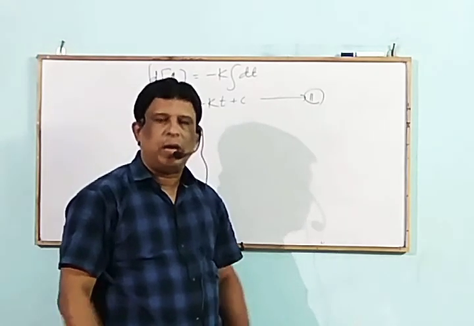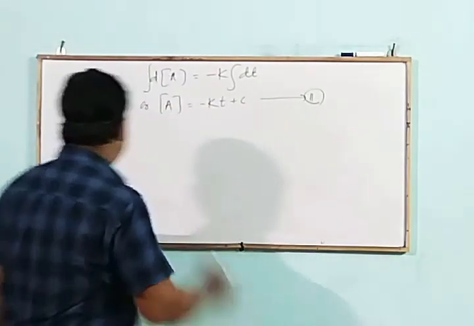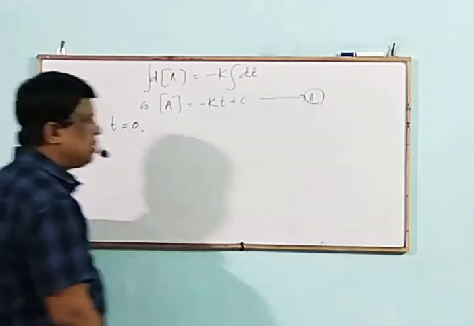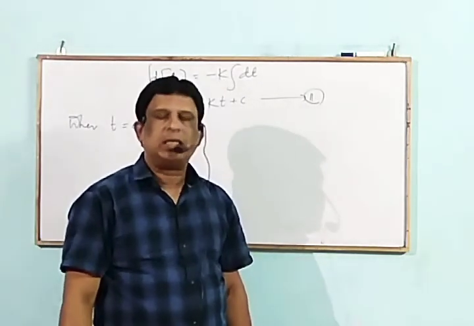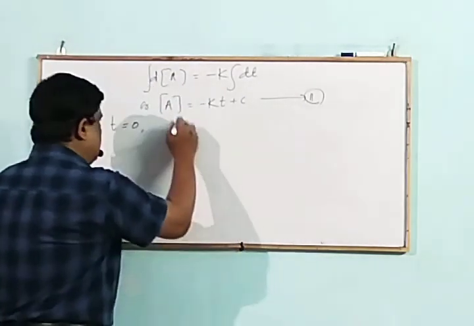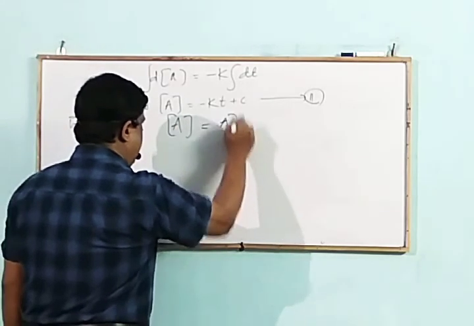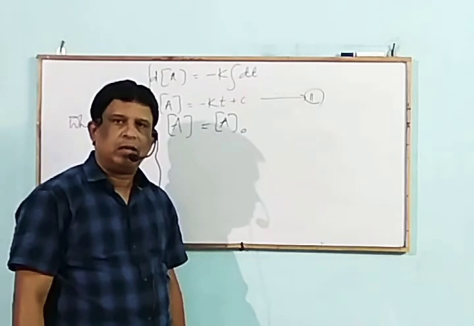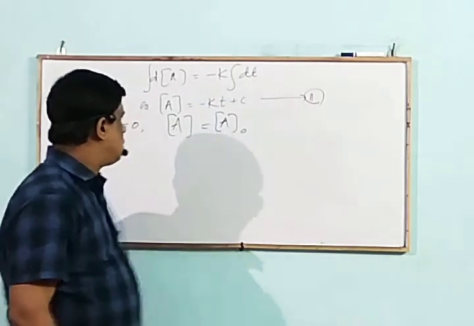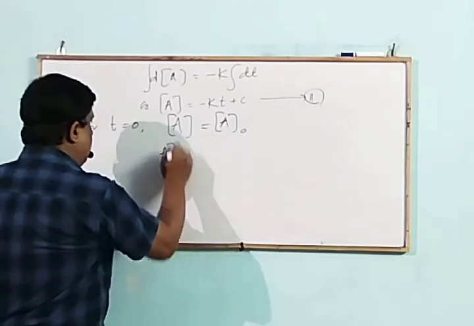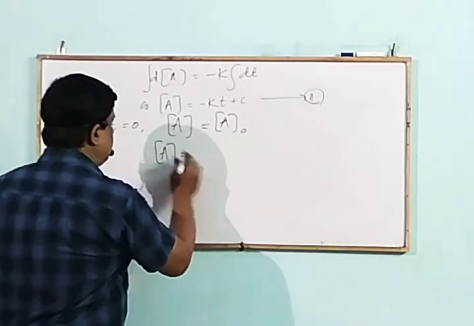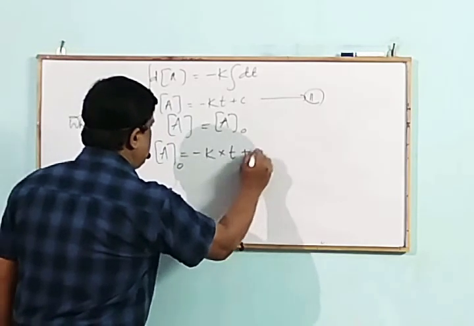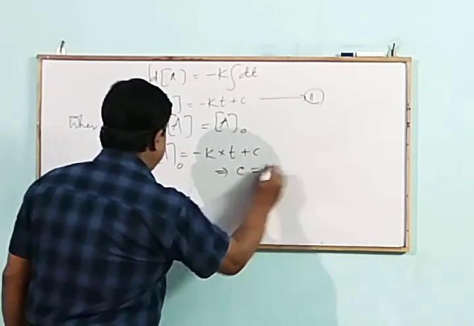We have to calculate the value of c. When t is equal to 0, at the time of beginning, the concentration of reactant is A naught, the initial concentration. Putting this in the equation, A naught is equal to minus k into 0 plus c, which indicates that c is equal to A naught, equation 3.